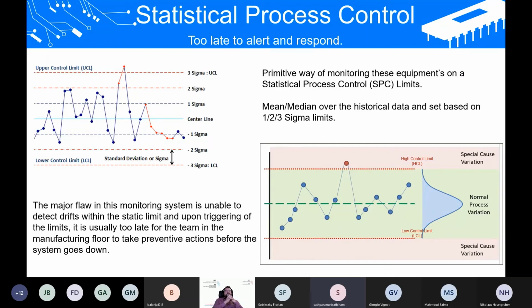But the major flaw with this system is that it is unable to detect drifts within the static limit, right? It can reach the boundary very quickly, and there is no time for the manufacturing team to take any action. So we want to notify the engineers before it really reaches the threshold limit, so that they have some room to react. That's the whole idea.